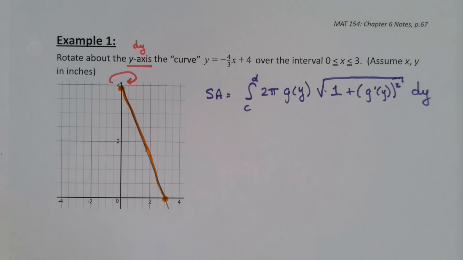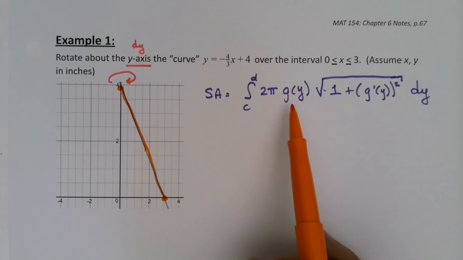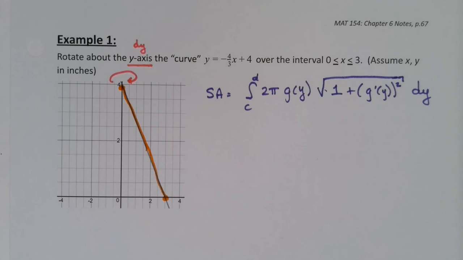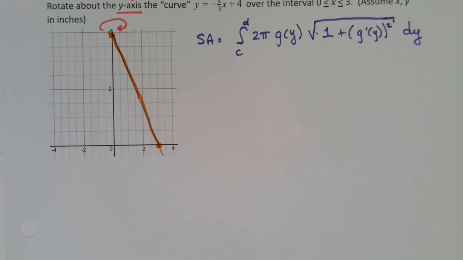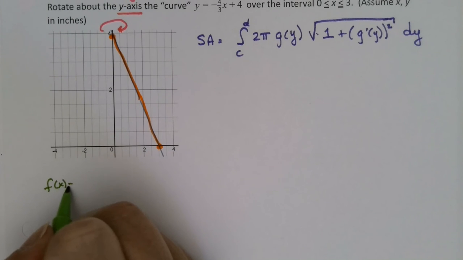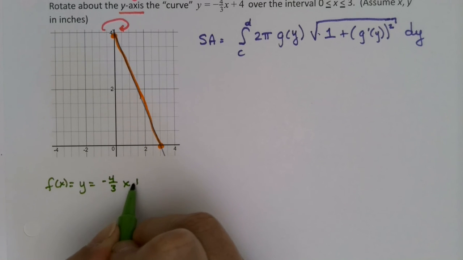All right, so let's think of several things. For starters, I need these functions to be in y, and it was given to me in terms of x. Boo. So I'm going to need to change that into a formula that I can work with. So let's find g of y. f of x is equal to y, which is equal to -4/3 x plus 4.